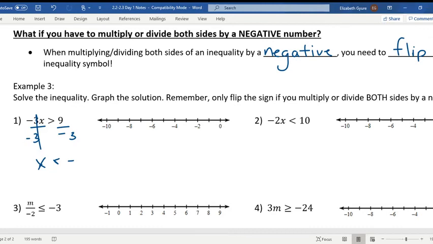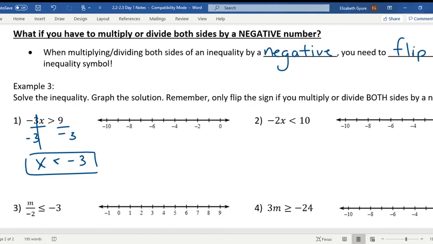And 9 divided by 3 is 3. So it'd be x is less than -3. You get used to it. You flip it because it changes whether the left or right side is positive or negative, so it reverses your whole graph.